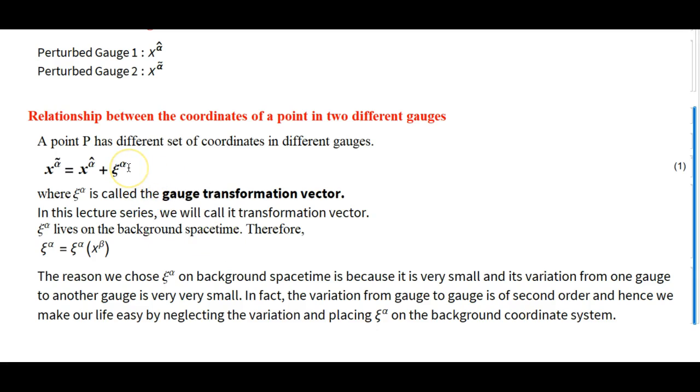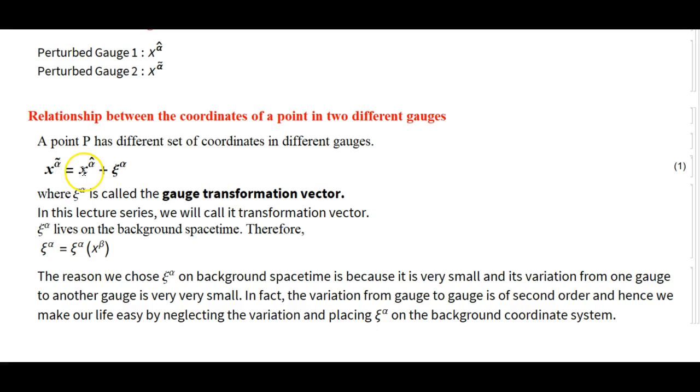So this gauge transformation vector, or simply the transformation vector, is a function of x beta. So x beta is the four coordinates of the background space-time, the FRW universe. Now notice that this transformation vector is a very small quantity.